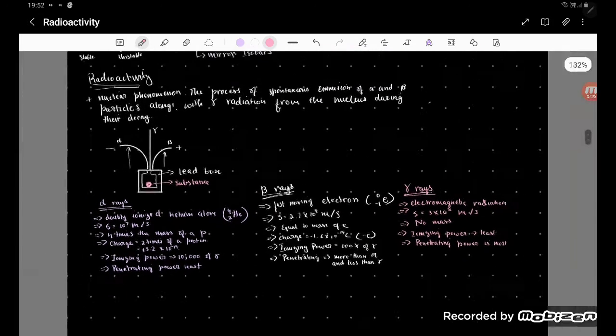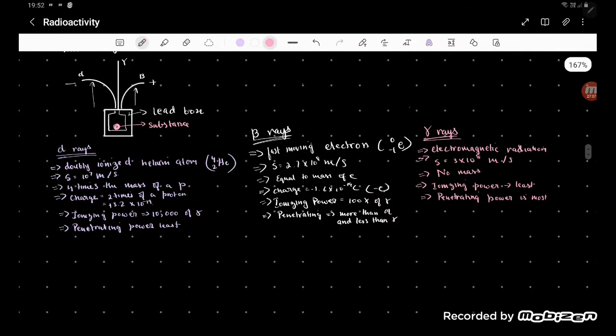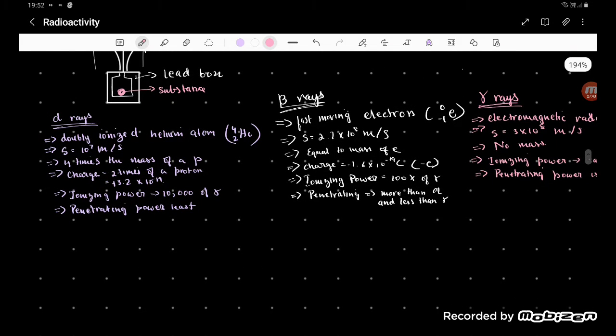And that's pretty much it. All of these affect photographic films and all that stuff. So that is one thing that you have to remember.